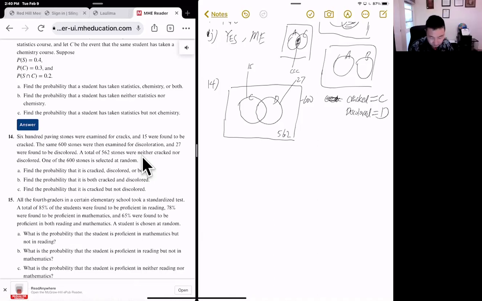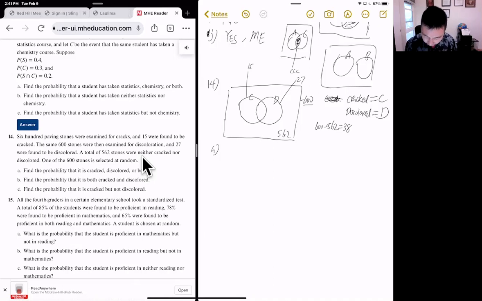Okay. And we also know the total is 600. So 600 minus 562, we have 38. So that 38 will be the total number of samples in C and D or both. All right. First of all, A. The property that is cracked, discolored, or both.